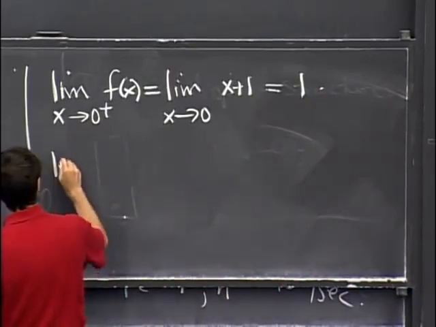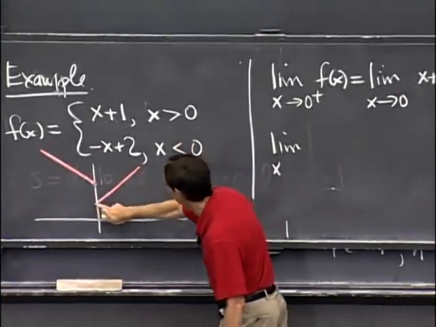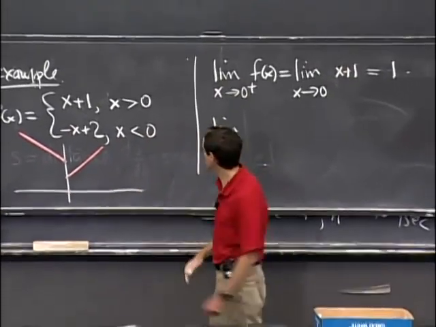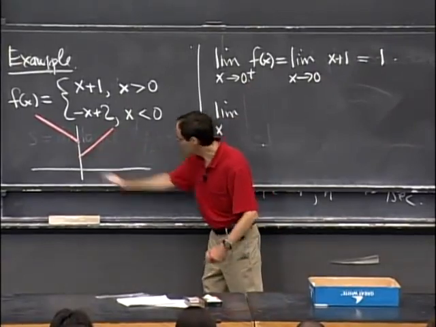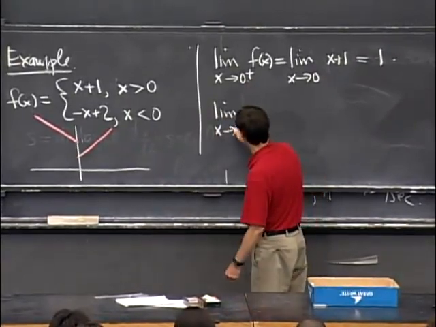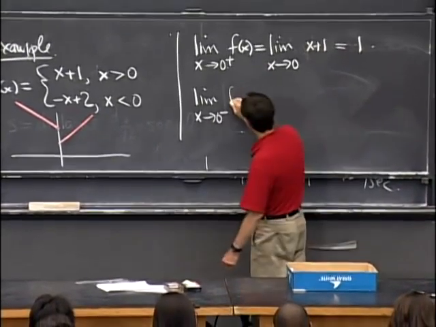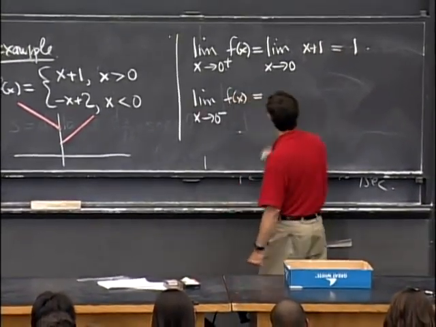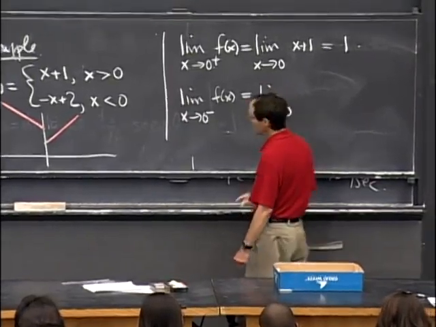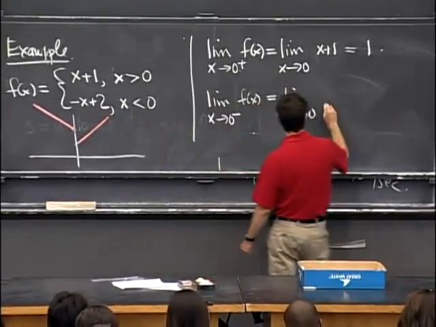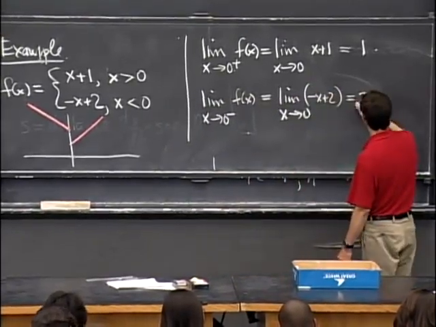And if I take the limit from the left, that's this, yeah, I told you I was dyslexic. Right, this is the right, so it's that right half. Here we go. So now I'm going from the left, and it's f of x again. But now, because I'm on that side, the thing I need to plug in is the other formula, minus x plus 2. And that's going to give us 2.